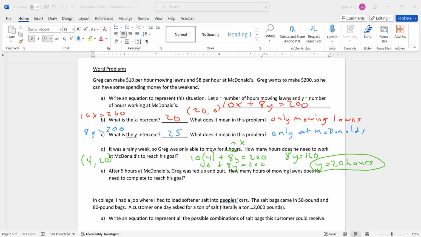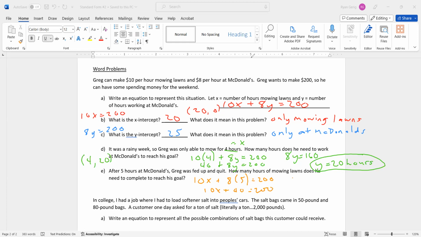All right, one more question from this equation. After 5 hours at McDonald's, Greg was fed up and quit. He hated that job. How many hours of mowing does he need to complete to reach his goal? This is a y value this time. So I'm going to put 5 in for y, and that's going to give me 200. 8 times 5 is 40.